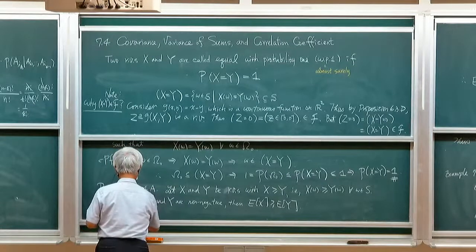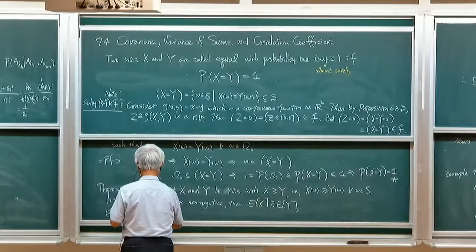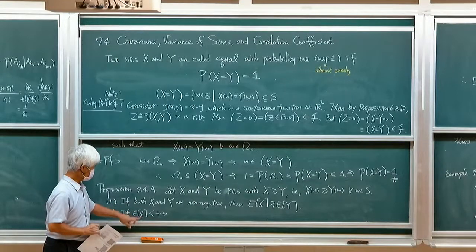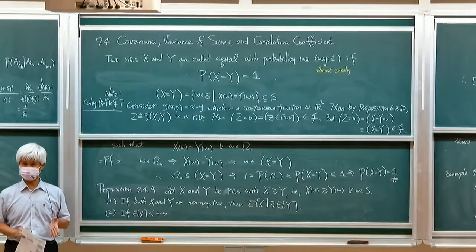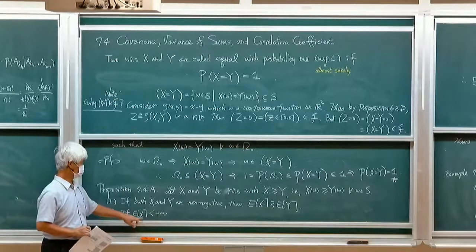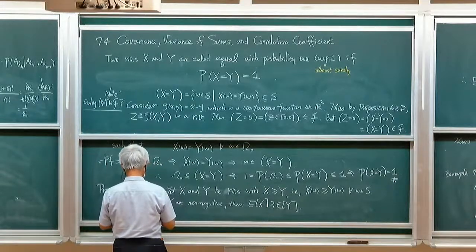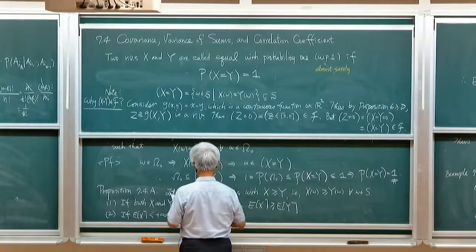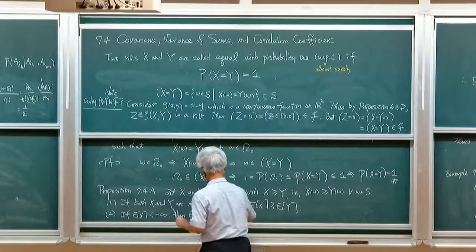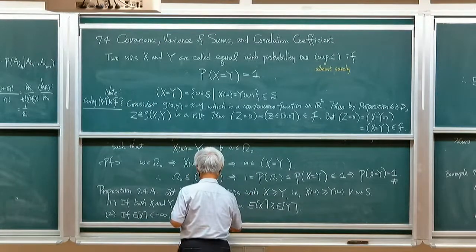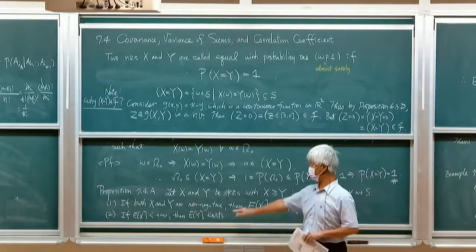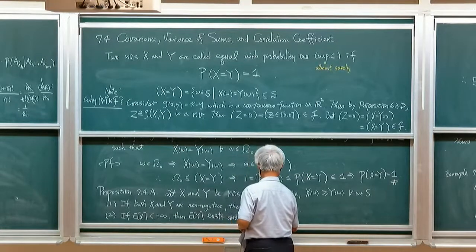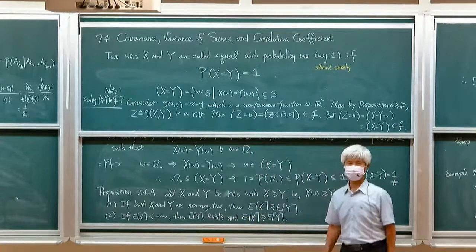So if the expectation of x exists and is finite, then the expectation of y also exists, but may not be finite. Yes, but we still have this inequality.